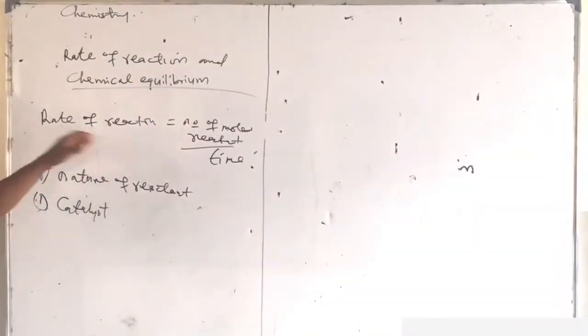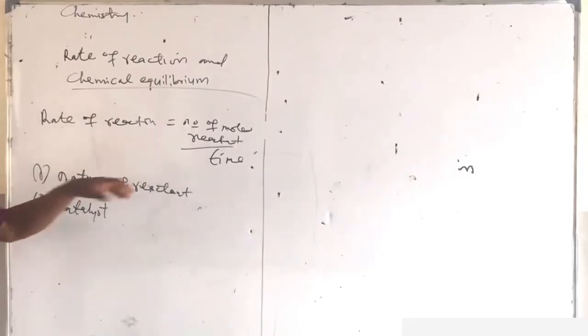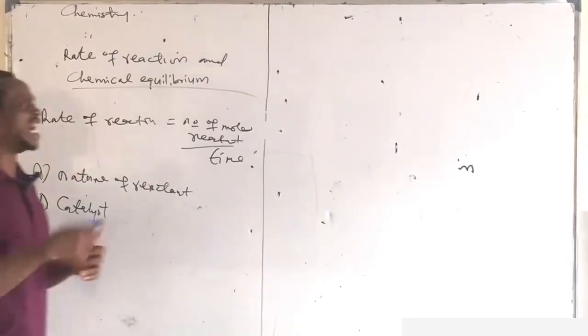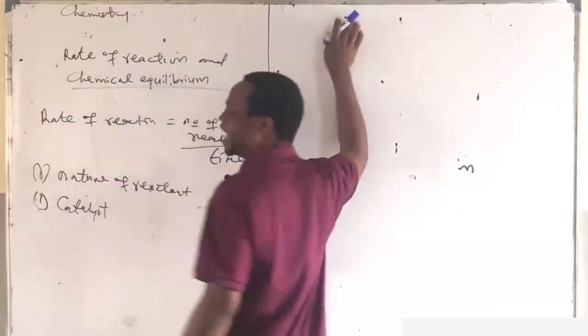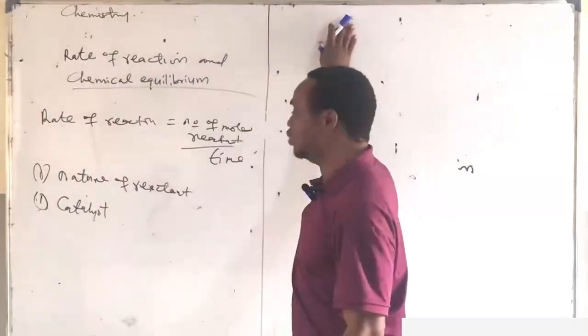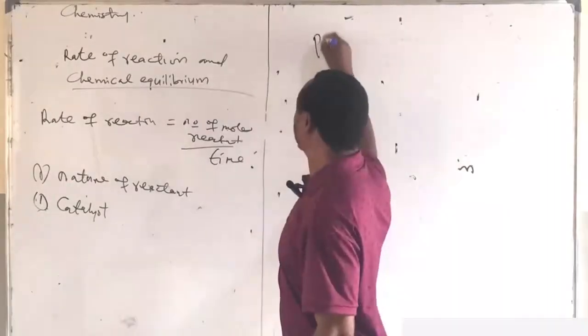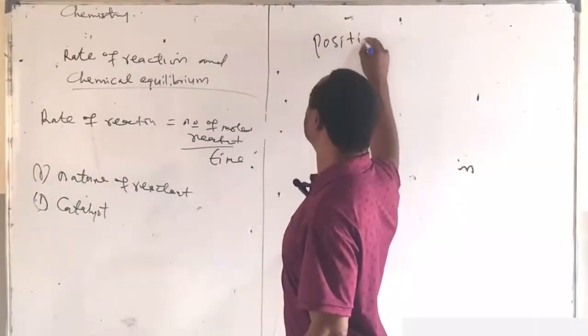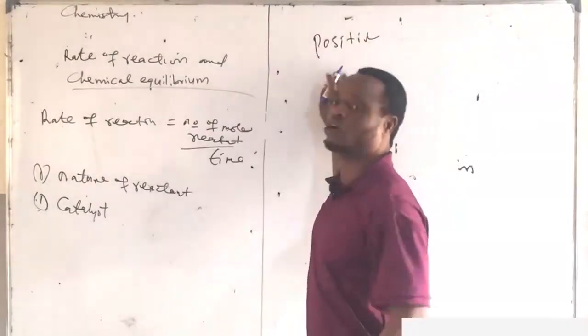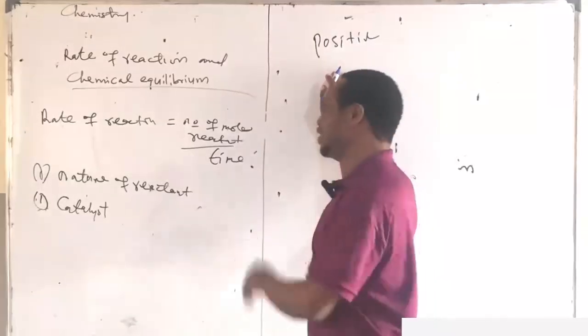Those that tend to slow it down are called inhibitors, but those that tend to accelerate it are called accelerators. So there are two types of catalysts. The ones we also call positive catalysts are those that increase the rate of the reaction, the speed at which it occurs.